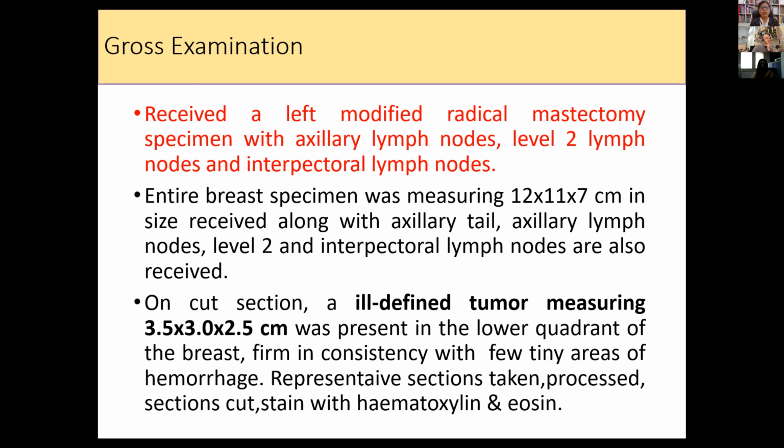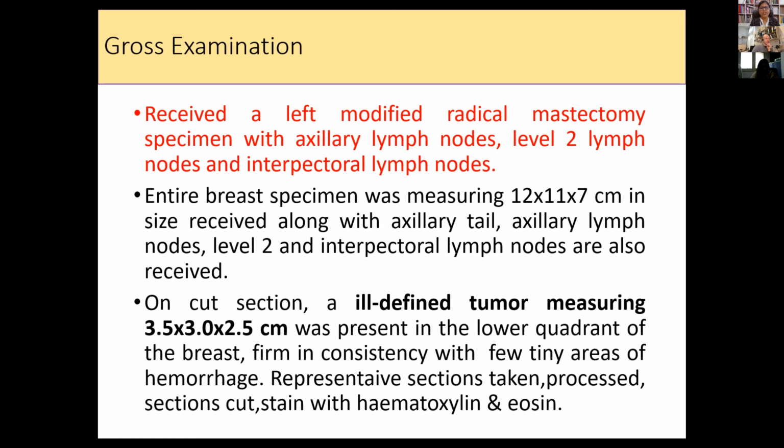On cutting the breast, we find an ill-defined tumor measuring 3.5 by 3 by 2.5 centimeters present in the left lower outer quadrant of the breast, which was firm in consistency, along with a few tiny areas of hemorrhage and necrosis also noted.